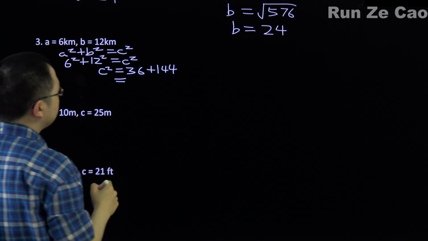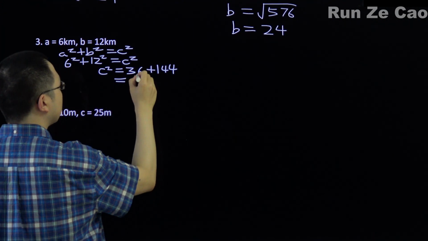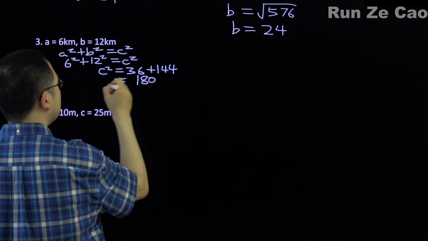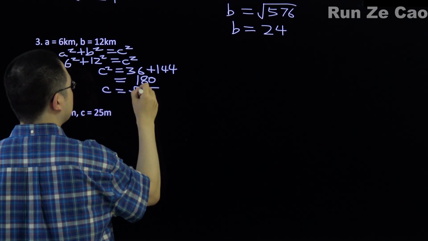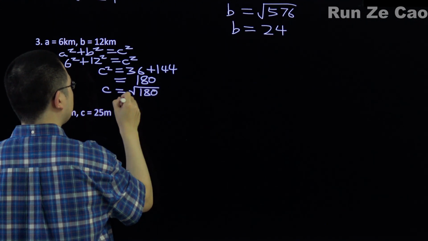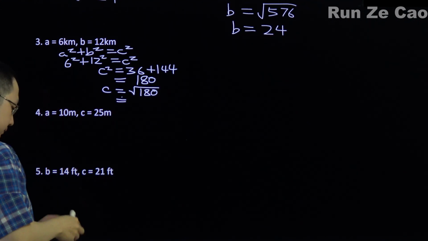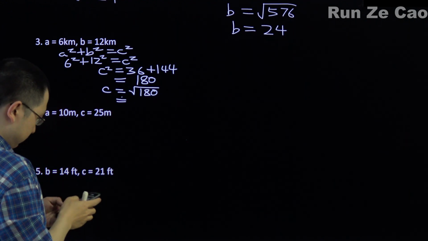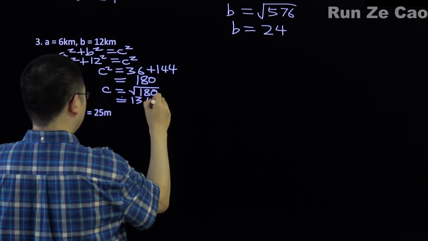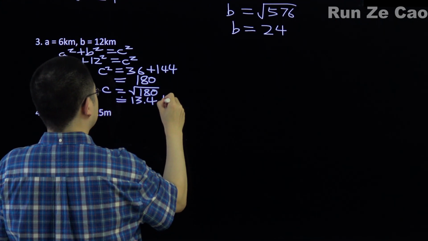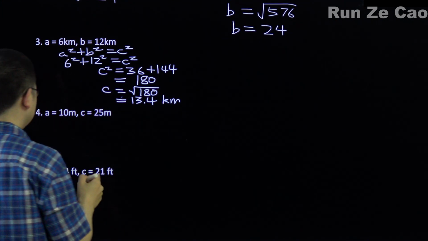So 36 plus 144 is going to leave us with 180. And therefore C is equal to root of 180, or approximately, 180 square rooted, 13.4, and the units are kilometers.